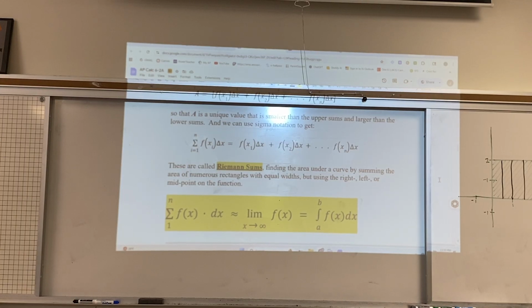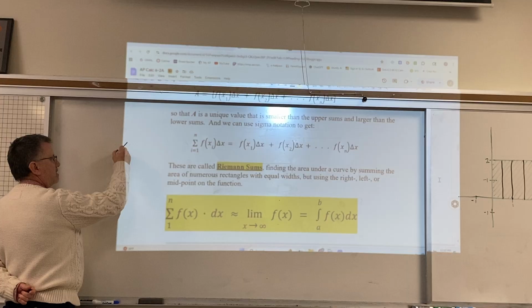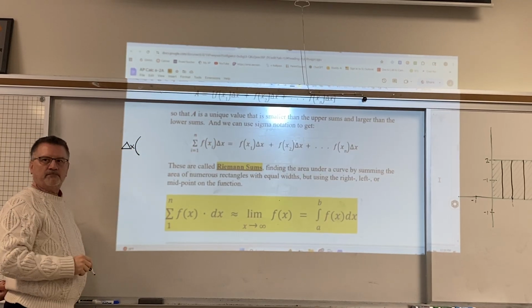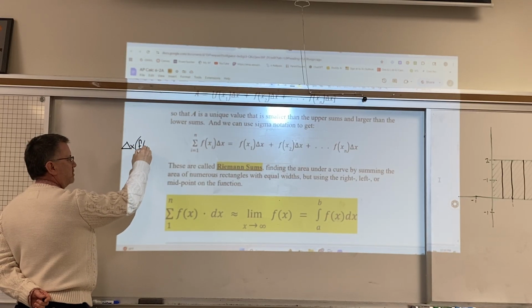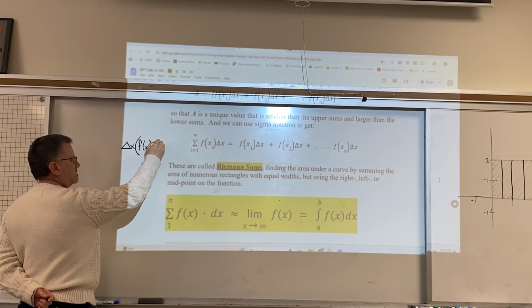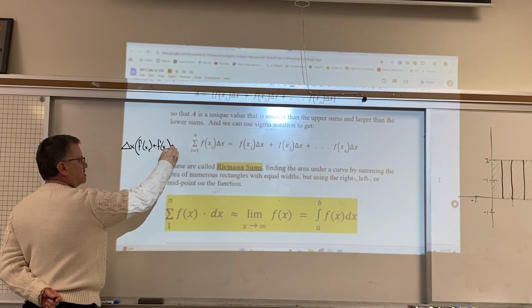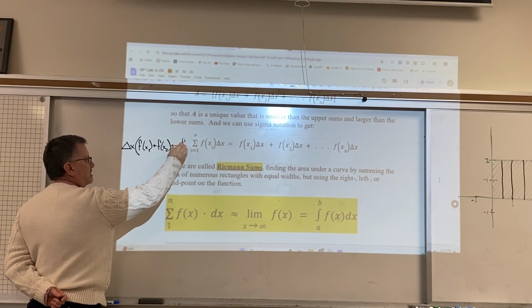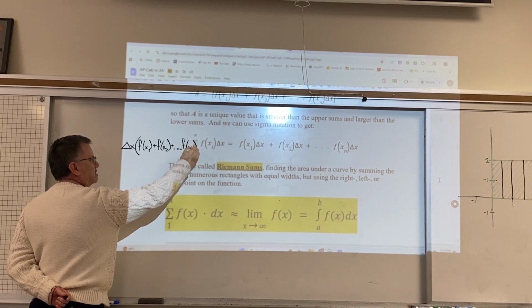If the bases are the same, what I can do is factor that out. And it would be this times the height using your first value of x, plus the height using your second value of x, plus dot, dot, dot, the height using the last value of x.